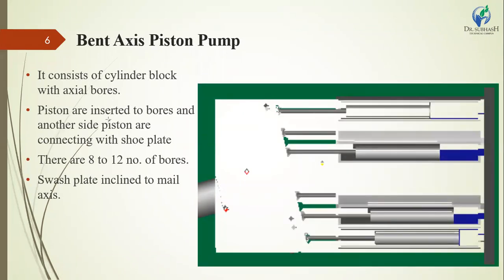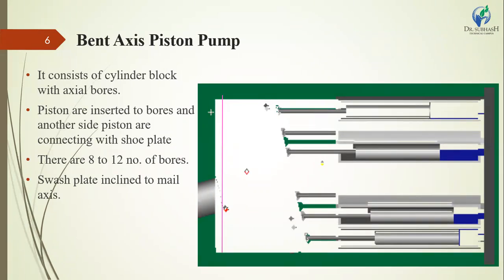In this type of pump, the main axis of the cylinder is bent. Here the swash plate and the axis of this piston arrangement are given in a bent condition. In this type of pump, when the shaft is rotated, it causes the cylinder block to rotate and the swash plate also rotates with it, causing the piston in the bore to reciprocate.